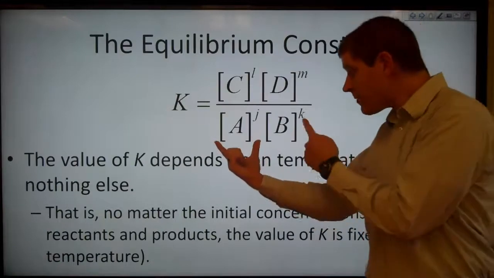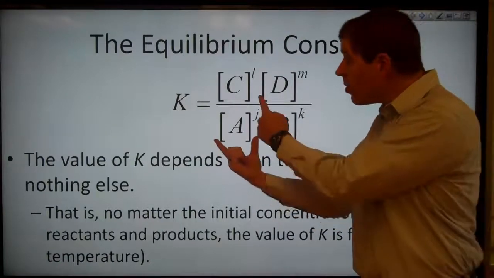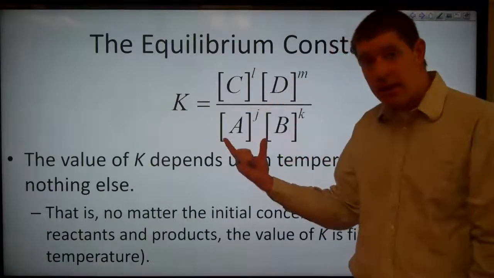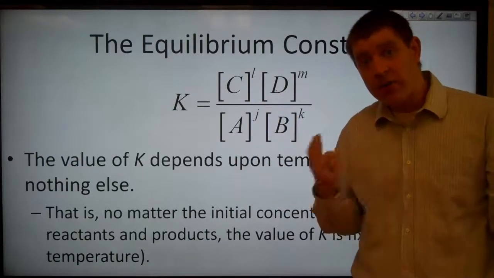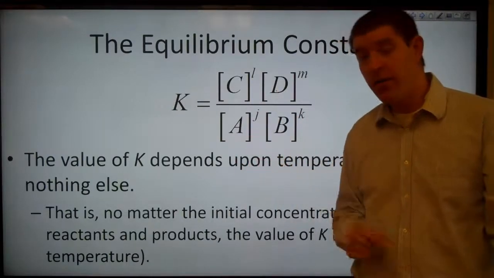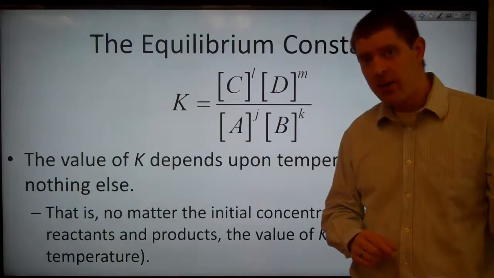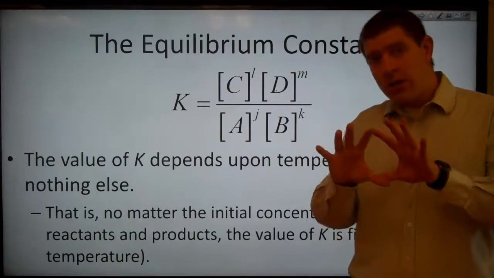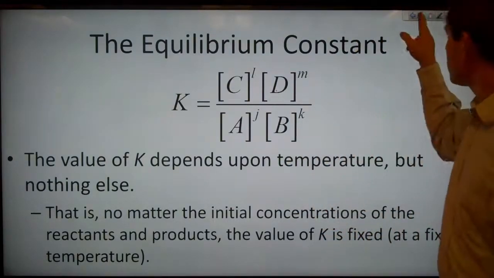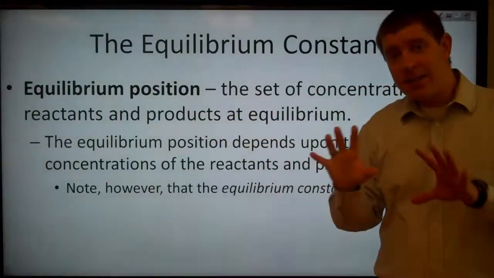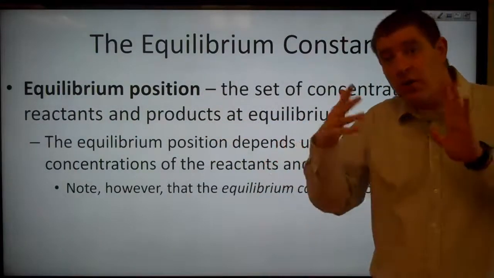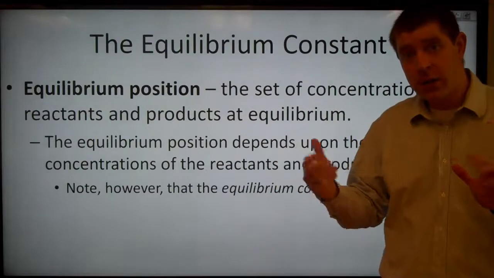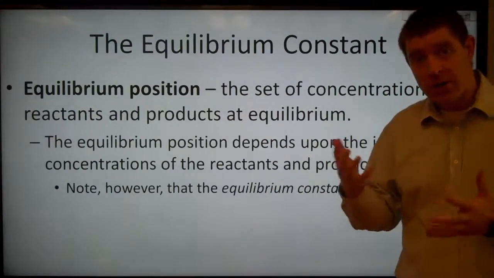And that means that we're going to have a little bit less of B and a little bit more of C and D in the flask that we started out with a little bit higher concentration of one of our reactants, the A. And so the equilibrium position, that's the set of those four concentrations, or however many concentrations are involved in the reactants and products.